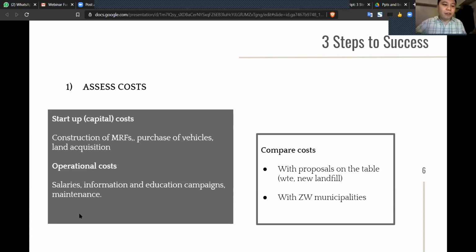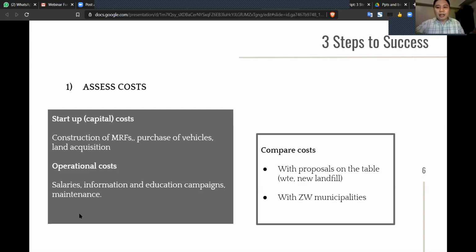And this involves salaries, running information and education campaigns, and of course, doing periodic maintenance for the infrastructure, MRF, or some collection vehicles. Over time, this infrastructure or assets would need some repairs or some improvements to at least prolong their use.